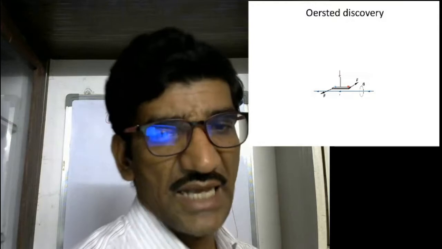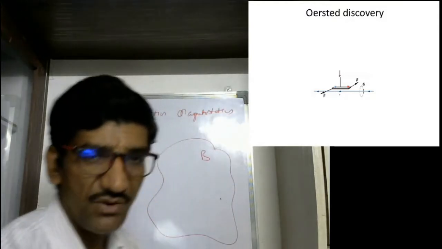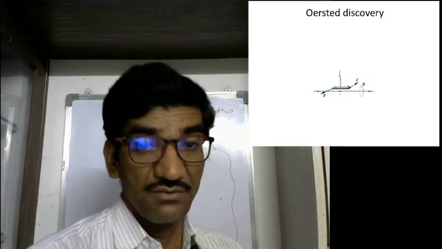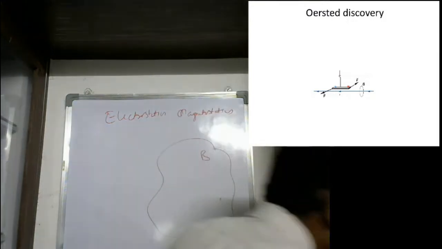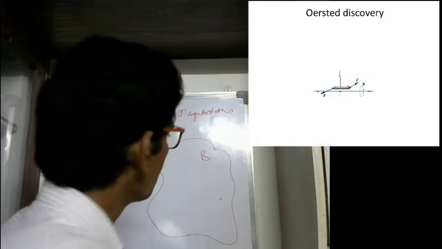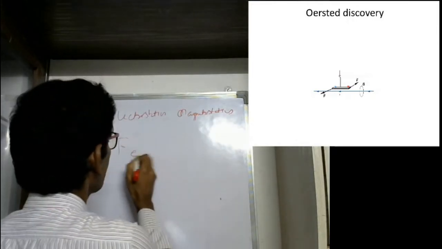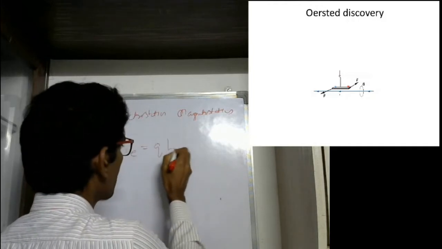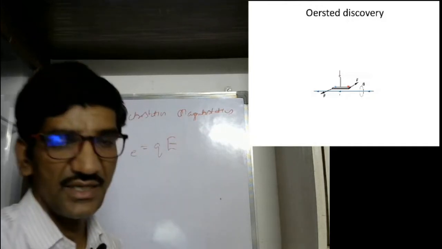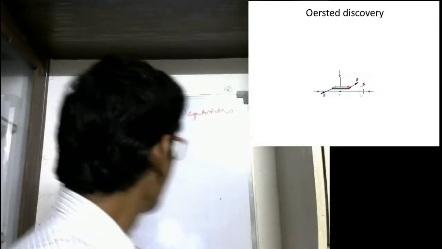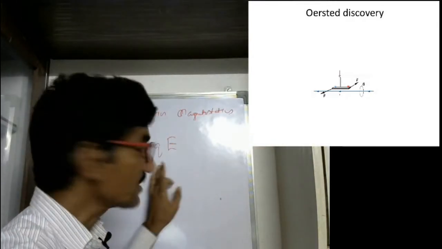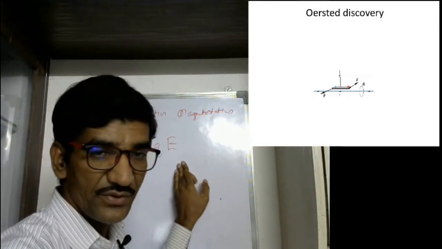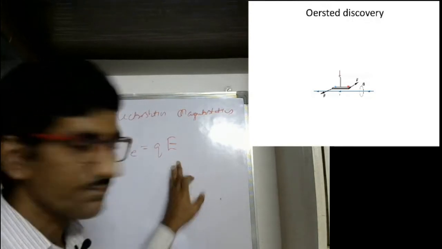Experimentally, it is found that the force acting on a charge Q is given by, see, what is the electrostatic force? If you place the charge Q in the external field E, how much electrostatic force does it experience? QE. Right.